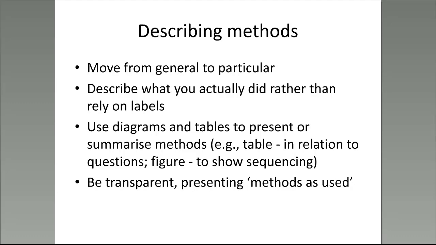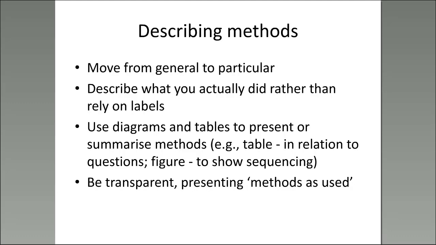The problem is that not everyone understands the same thing by the same label. And so you can use a label or try and apply a label because you think you have to, or because that's the quick way of doing something. And the label doesn't actually convey what you did, or what you did doesn't match the label, or it doesn't provide the reader with enough information.